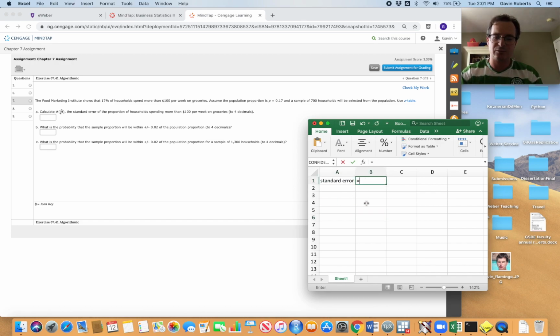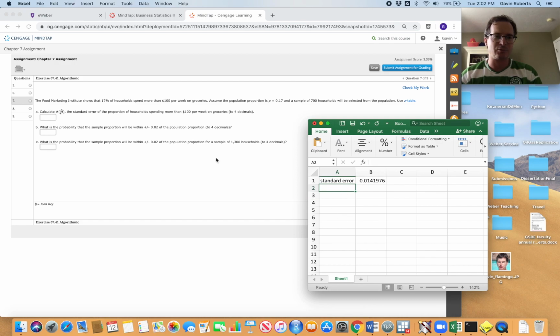And we're going to do equals SQRT, square root, because we know that the standard error is a square root. 0.17, that's the population proportion, times 1 minus 0.17, close parentheses, divided by N, which is 700, close it, hit enter. Boom, that's the standard error.